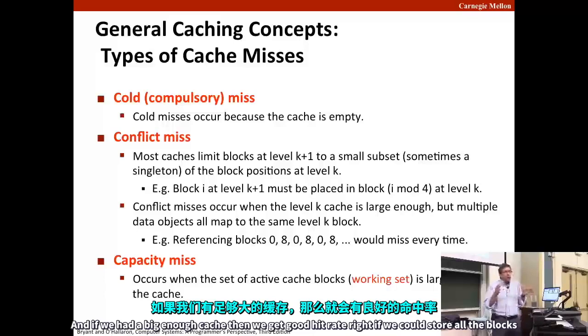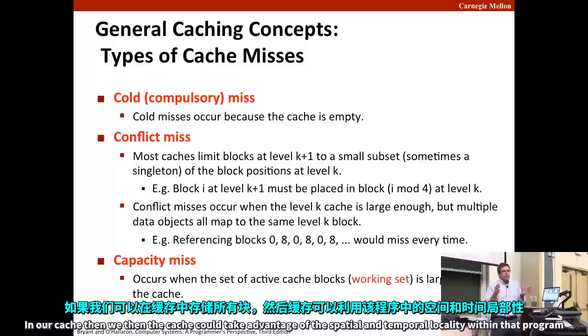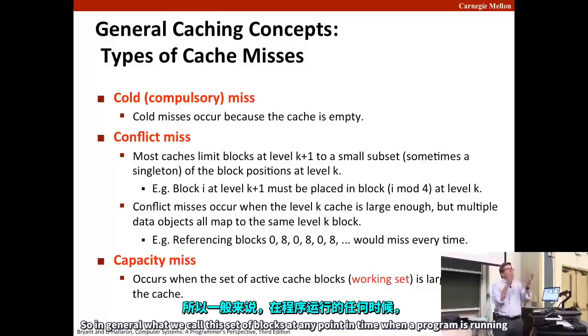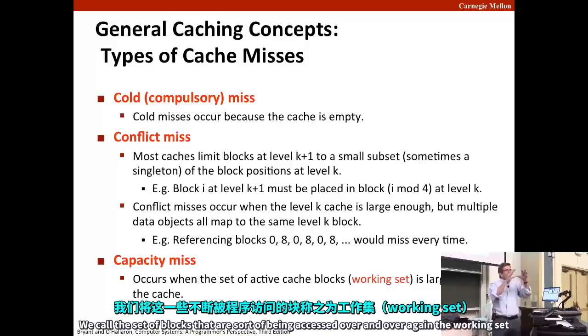If we had a big enough cache, then we'd get a good hit rate. If we could store all the blocks in our cache, then the cache could take advantage of the spatial and temporal locality within that program. In general, we call the set of blocks that are being accessed over and over again the working set.